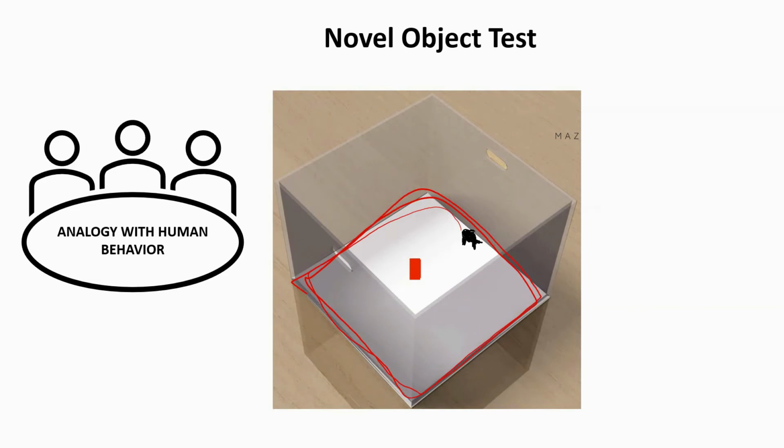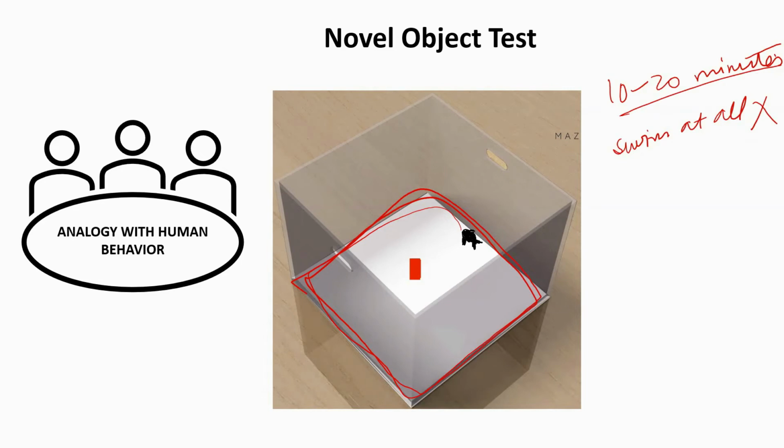But that is if your test is ranging from 10 to 20 minutes. And in some cases they do not swim at all. They do not swim at all because they are in shock because of the introduction of the object.